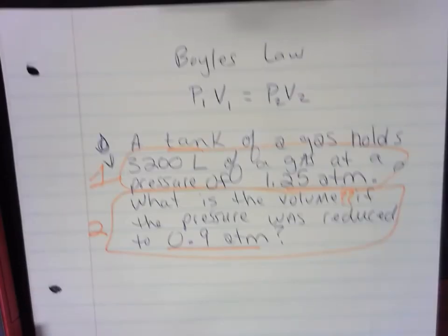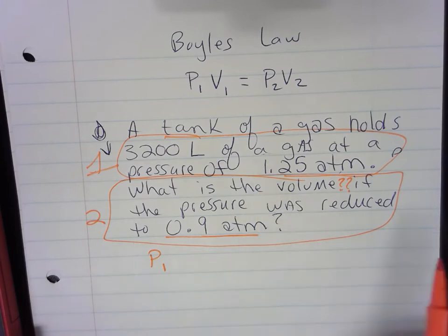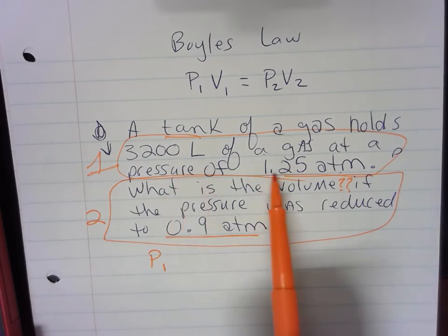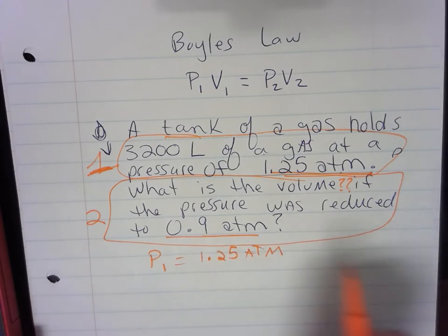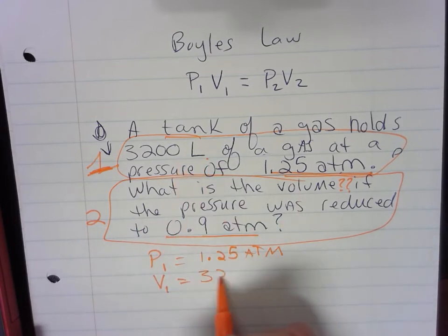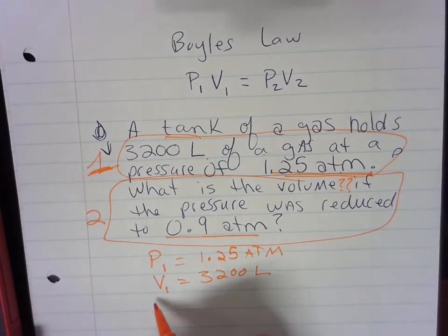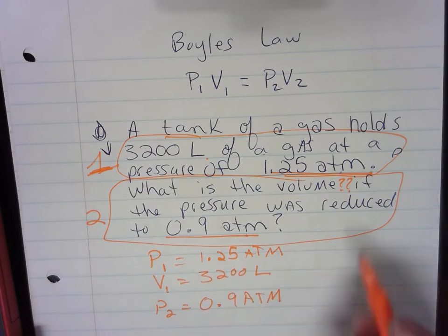Alright, so P1 is going to equal, so my pressure 1, here's pressure 1, 1.25 atmospheres. And my V1 is 3,200 liters. That's a pretty big tank. My P2 is 0.9 atmospheres. And I want to know my V2.